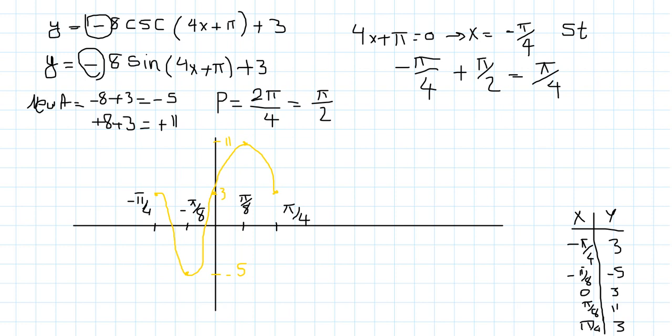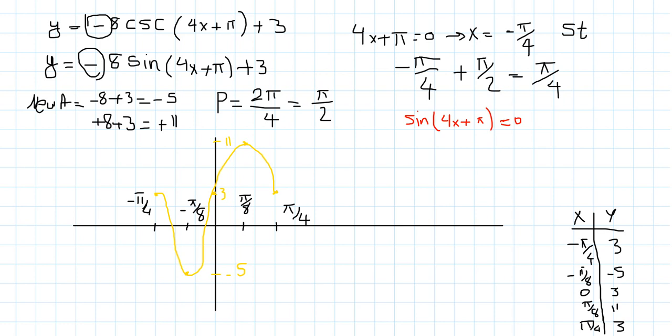For the asymptote, because I have cosecant x, I have 1 over sine x. On sine equals 0 I have a problem. So sine of this bracket should not be equal to 0. Let's find it. If it is 0, what will happen?